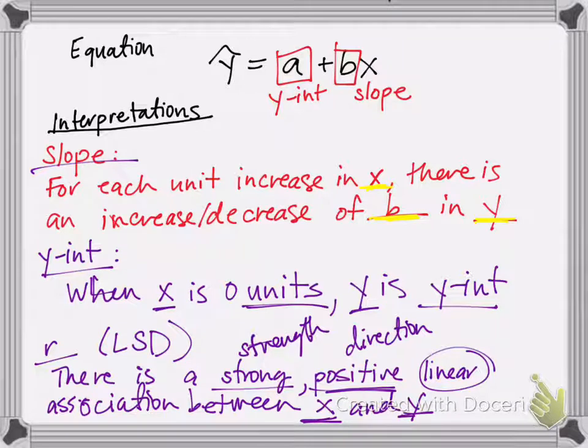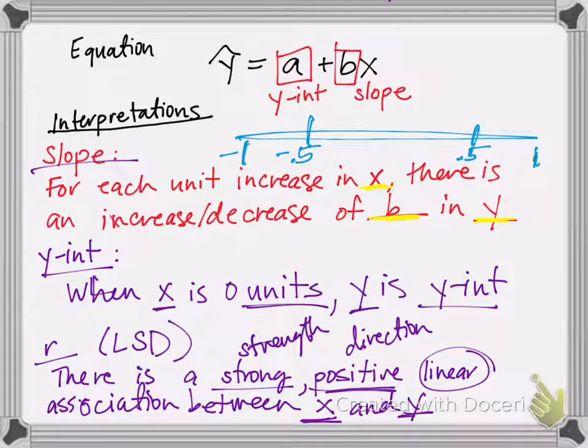And does anyone remember the cutoffs for what values make it strong, moderate? 0.5, 0.8. So 0.5 and 0.8. So if I have my number line, anything from -1 to -0.5 or +0.5 to +1 is considered weak.